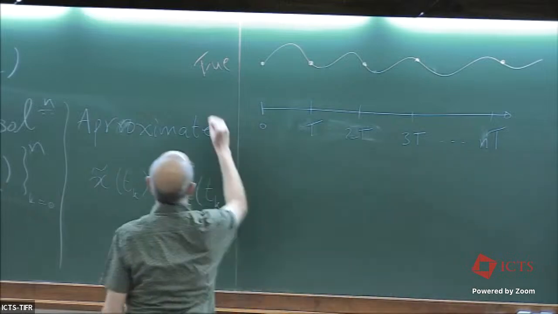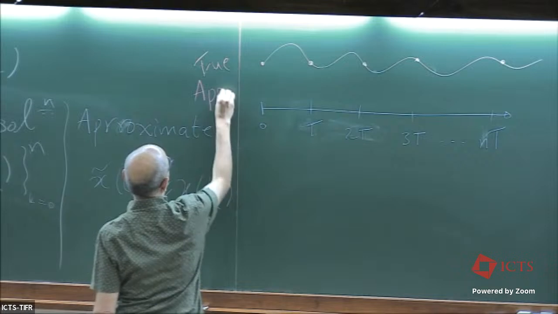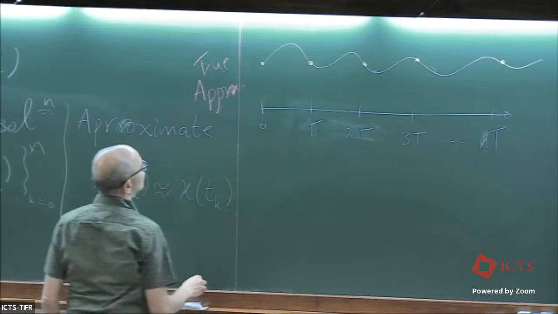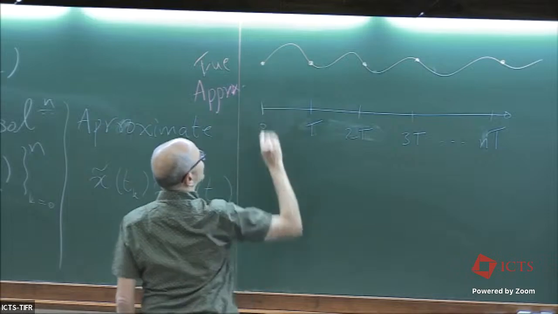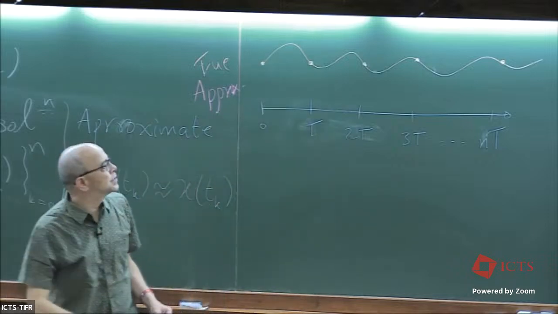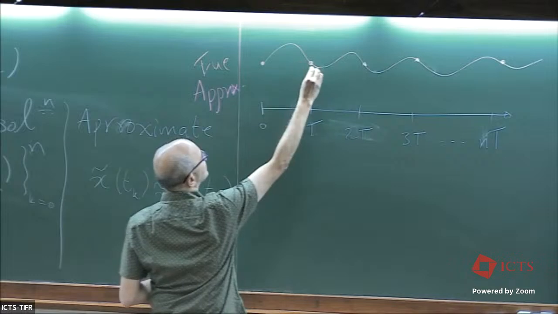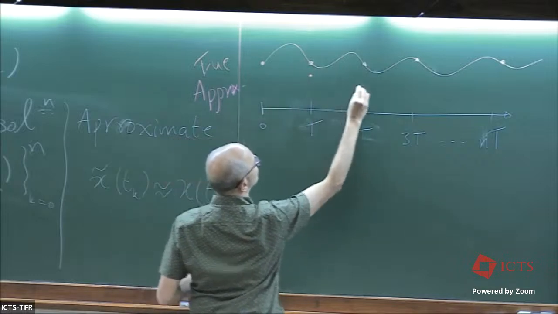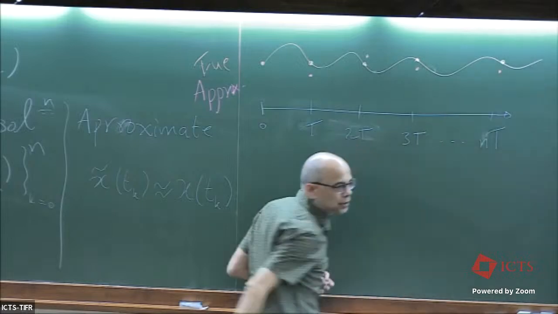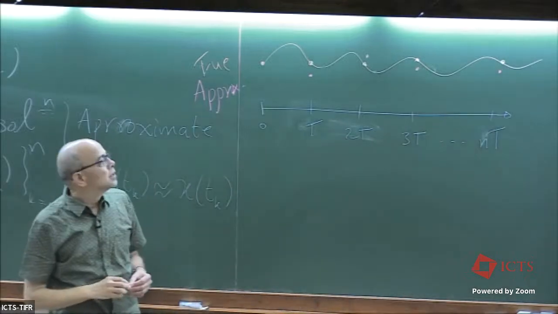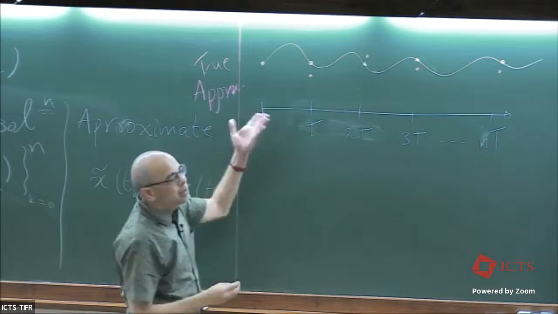The approximate solution will be available only at finitely many time instances. So I'll just show it by dots like this. Here is another approximate solution, another one more, and so on. And in between, we can't do anything.